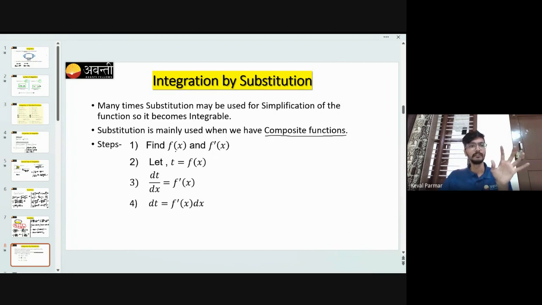Like there will be one function and there will be another which is the derivative of this function. Then substitute f of x equal to t. Then differentiate this with respect to x. So I will get dt by dx equal to f dash of x. And then if I cross multiply, I will get dt equals f dash of x dx.